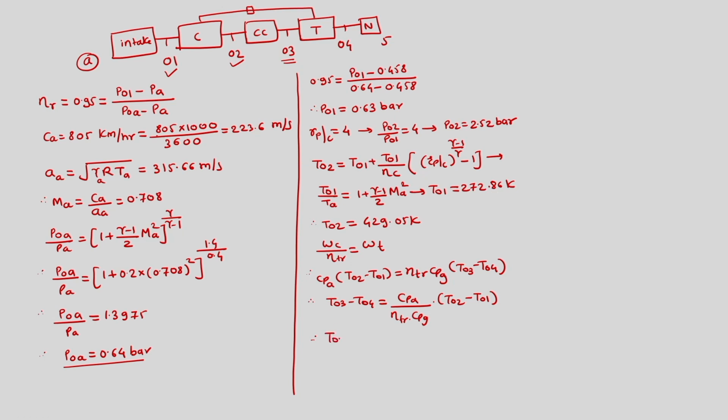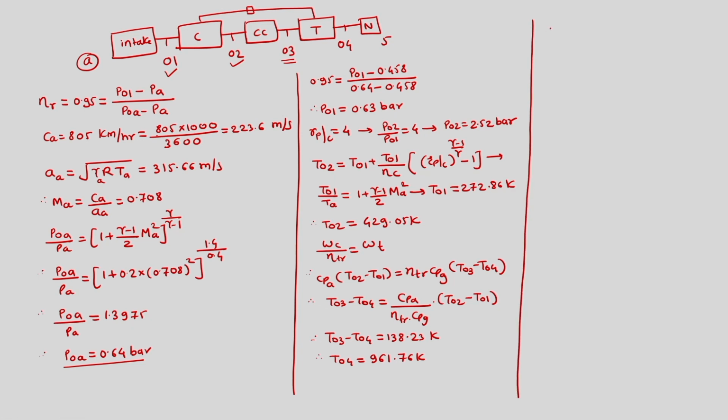So this gives us T03 minus T04 as 138.23 Kelvin. So we get T04, which is obtained by subtracting from 1100, as 961.76 Kelvin.